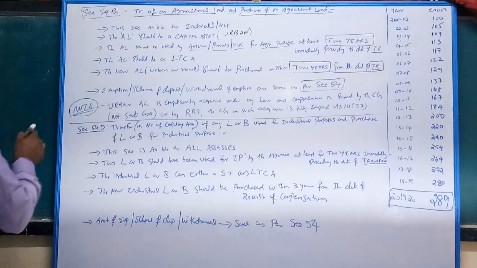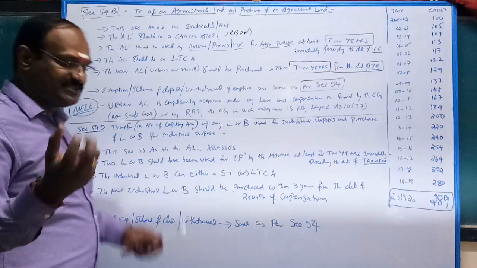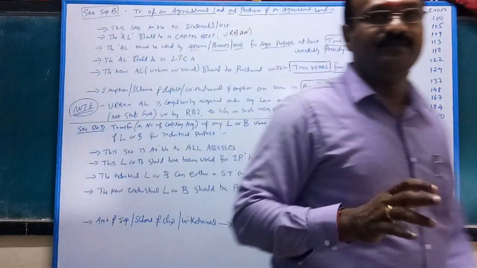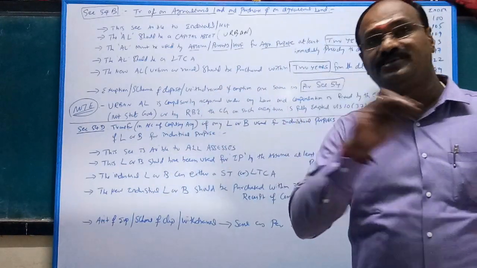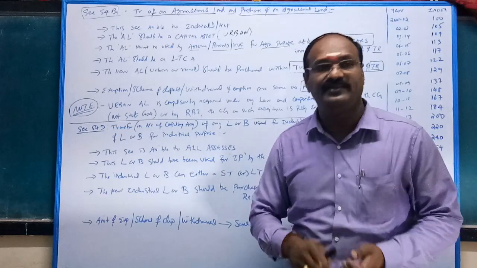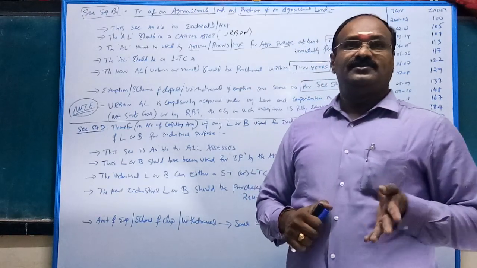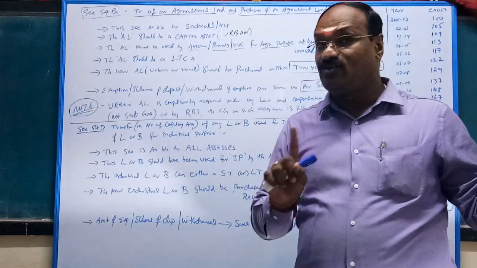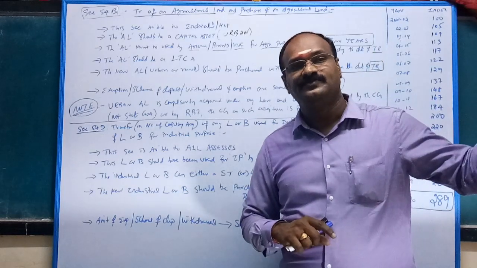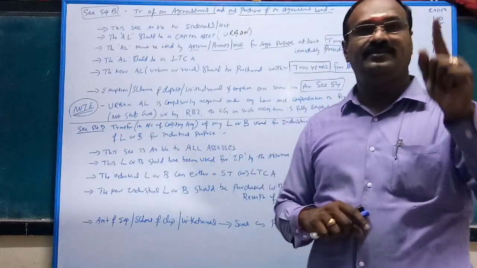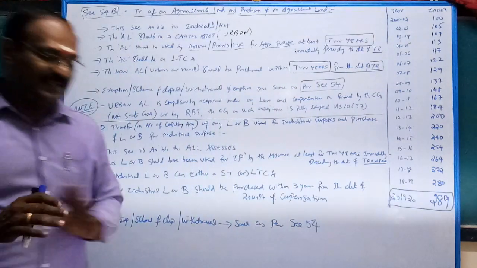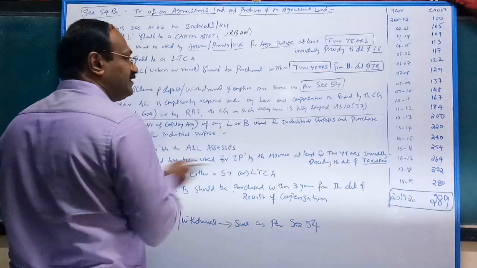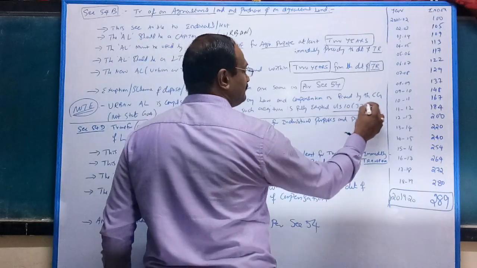Listen carefully. Urban agricultural land is compulsorily acquired under any law, and the compensation is fixed by either the central government, not a state government, central government or RBI. Then the capital gain on such acquisition is exempted under section 10 subsection 37.